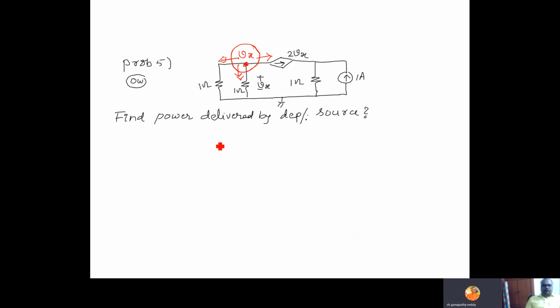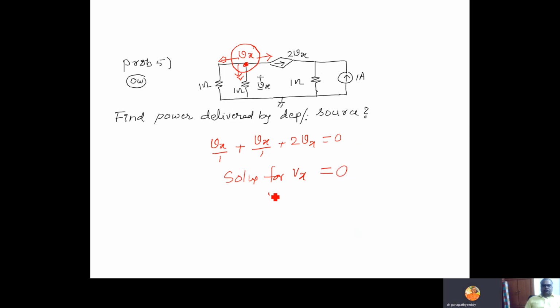What is this current? Vx by 1. What is this current? Vx by 1. What is this current? 2Vx. Equal to 0. Solve for Vx. You will get 0.